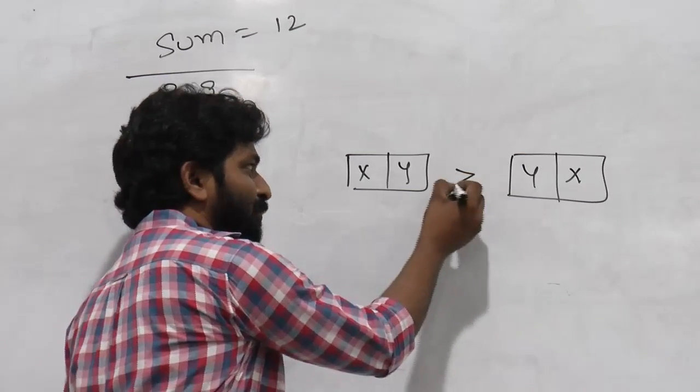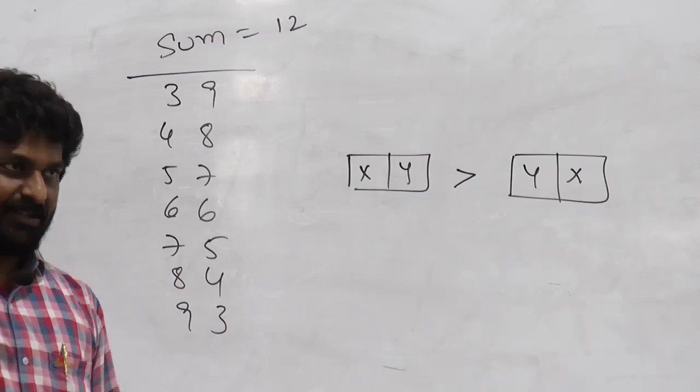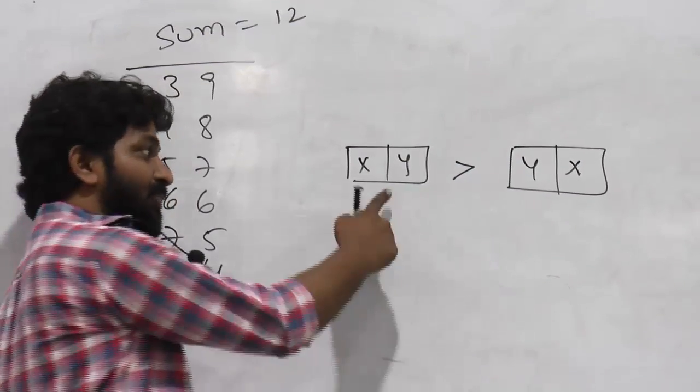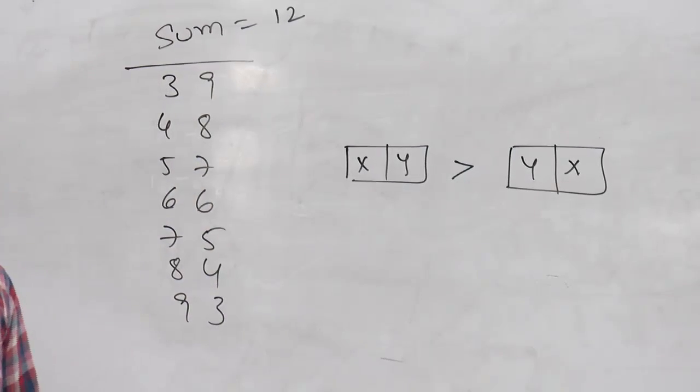Hence the original number is more than the interchanged number, right? And the difference between these two numbers is given as 36.